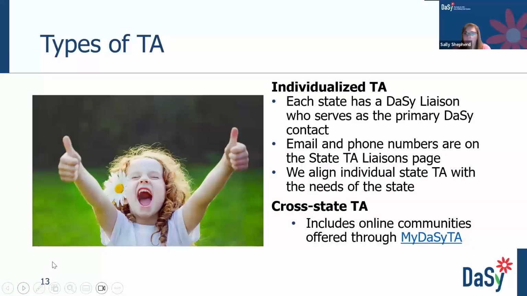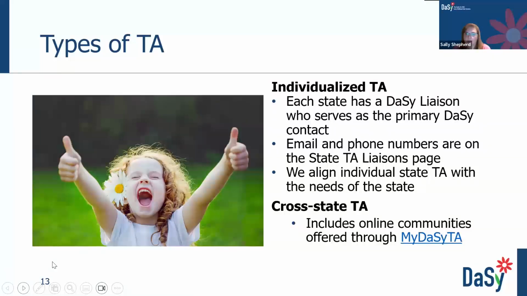And just as a reminder, each state has a DaSy liaison, and that person serves as a primary contact. You'll get more information from your liaison and can feel free to contact them anytime with either questions or with a specific TA request.